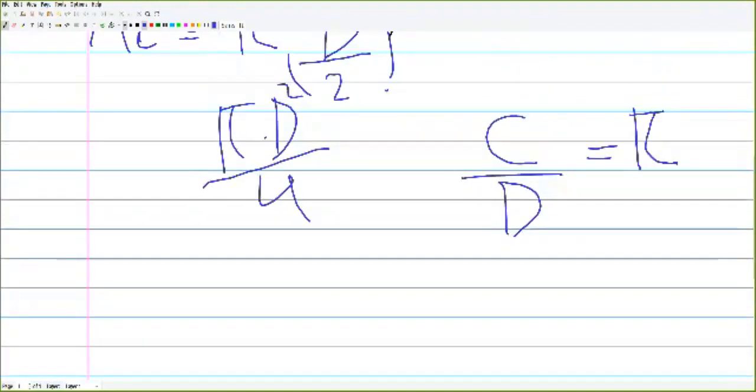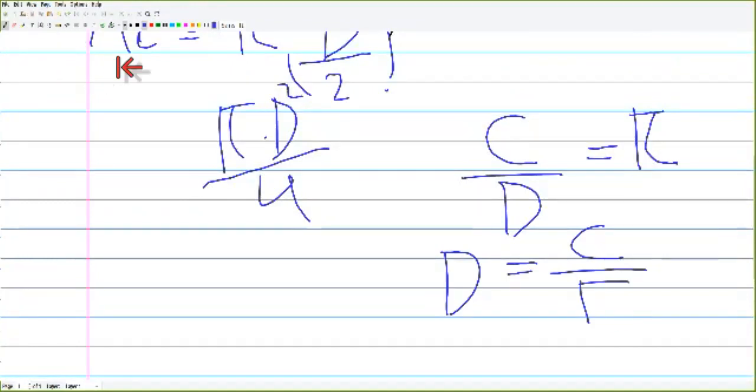So actually d is equal to c, which I know, over pi, or 2r. It can be 2r, and then I divide by 2 on both sides, giving 2 pi.